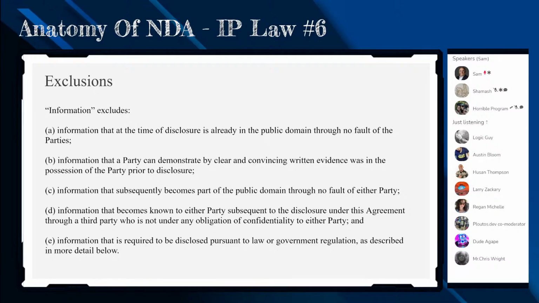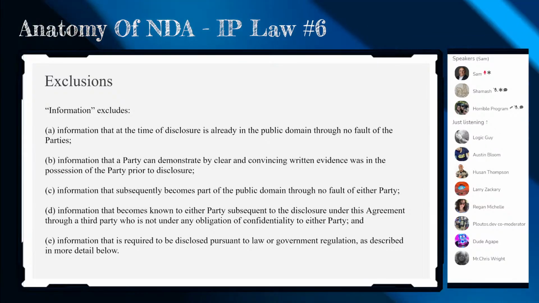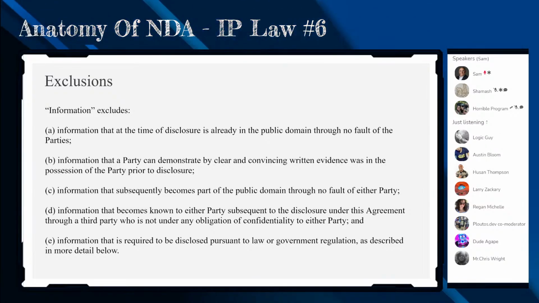Here we're trying to protect confidential information, but if we don't have these exclusions, we're going to end up protecting information that is not confidential. And so this contract will be termed overbroad, and overbroad contracts are invalid. Why? Because they unnecessarily limit economic activities.